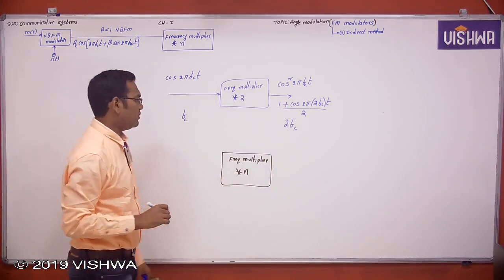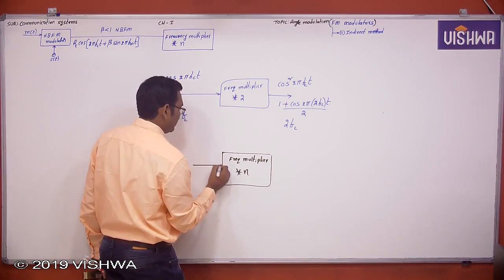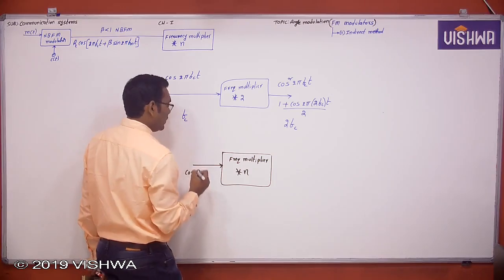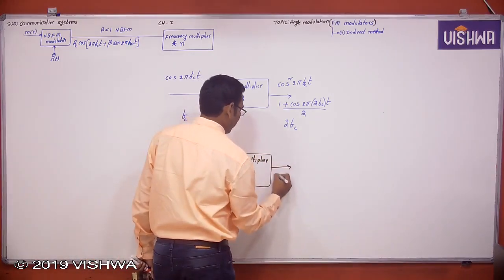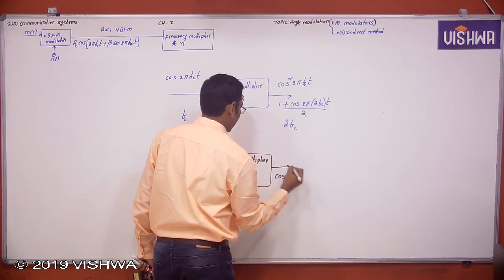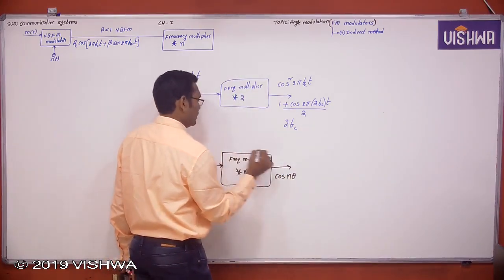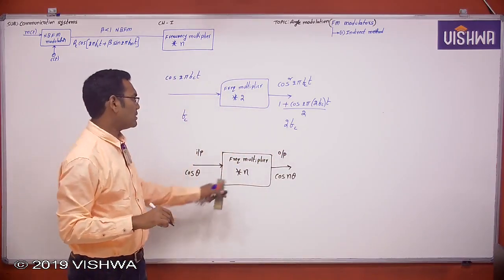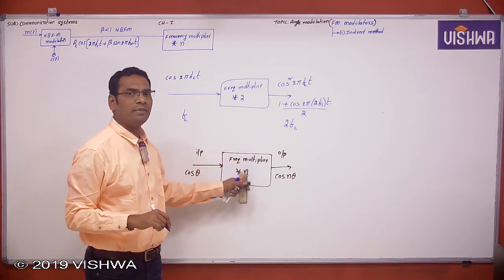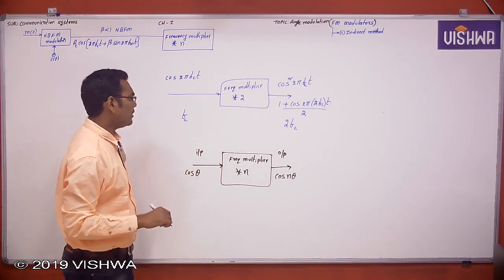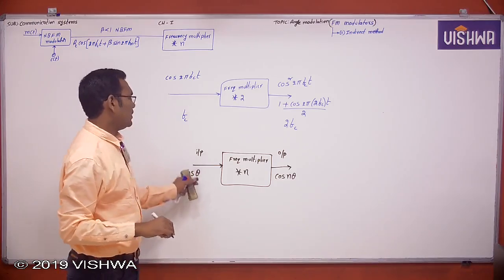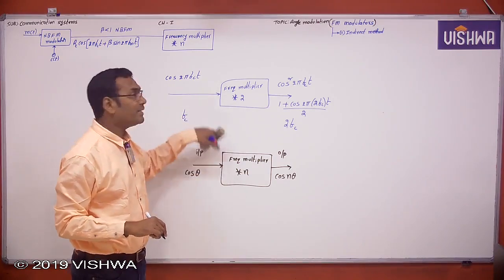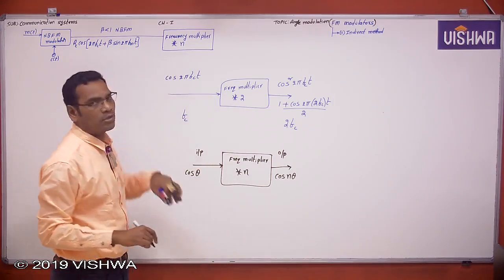The input is cos theta, and the output is cos n theta. This is the frequency multiplier of multiplication factor n. Clear or not? The input is cos theta, output is cos n theta, multiplier factor is n. Now we use this kind of multiplier to convert a narrow band FM signal to wide band FM.